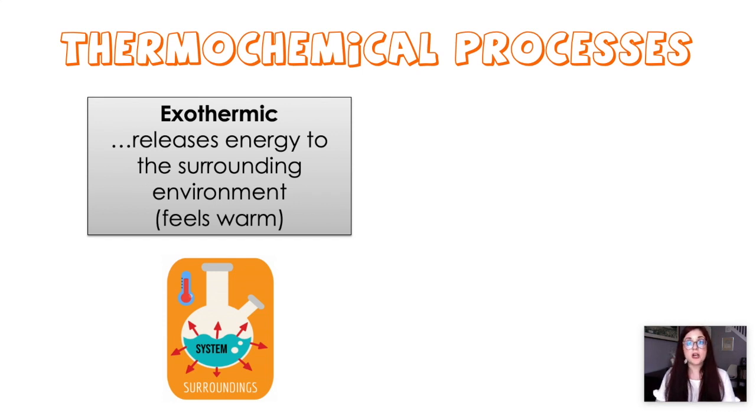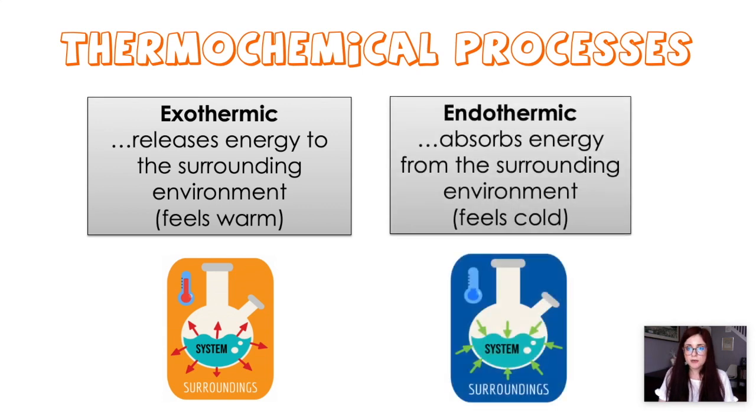That's why when you touch a hot coffee, it feels warm, because that coffee is releasing energy to the environment. It's warming up your hand and the air that surrounds it. Whereas an endothermic process is the opposite of that. An endothermic process absorbs energy from the environment. In this case, your reaction vessels, your systems, tend to feel very cold.